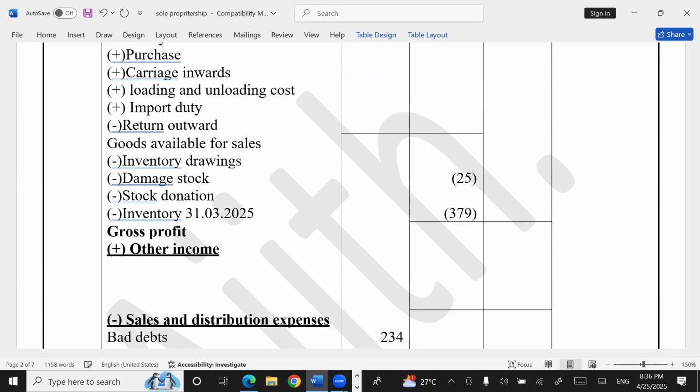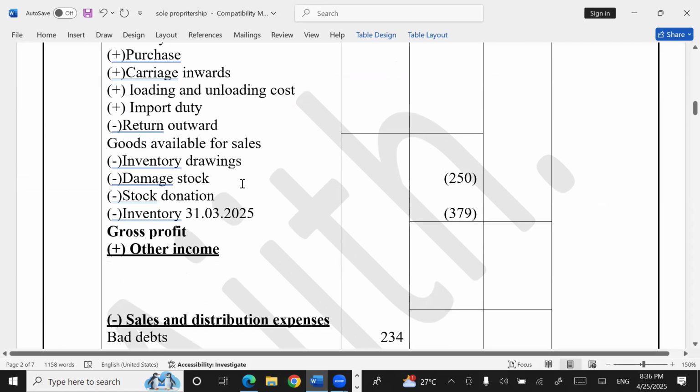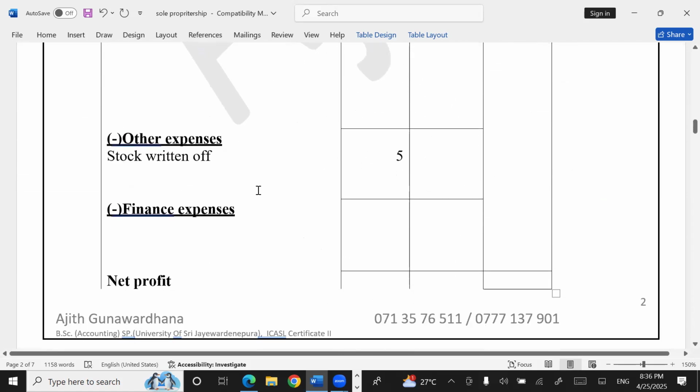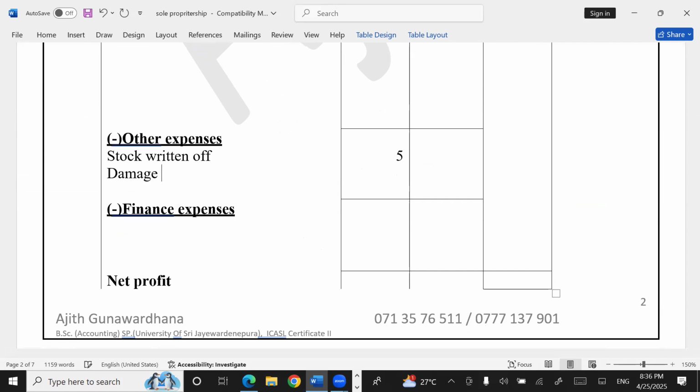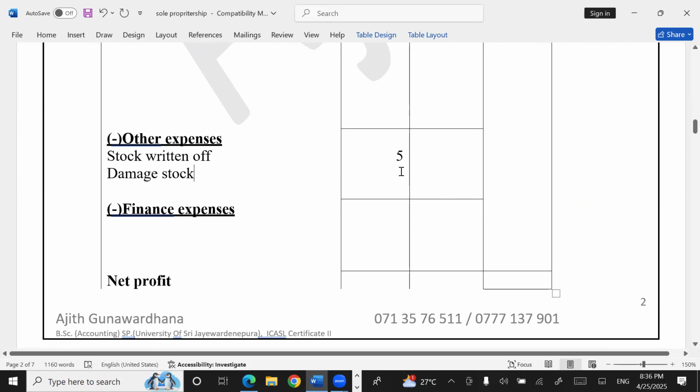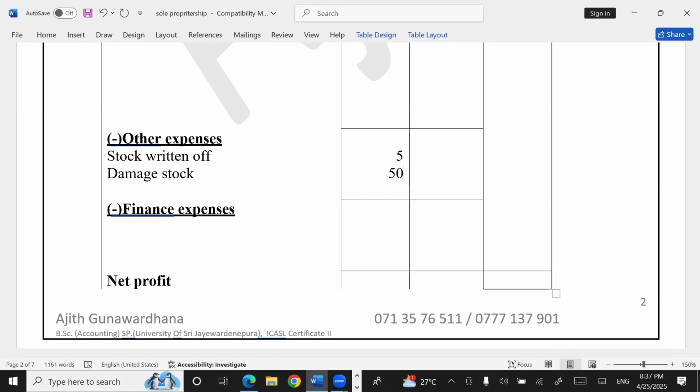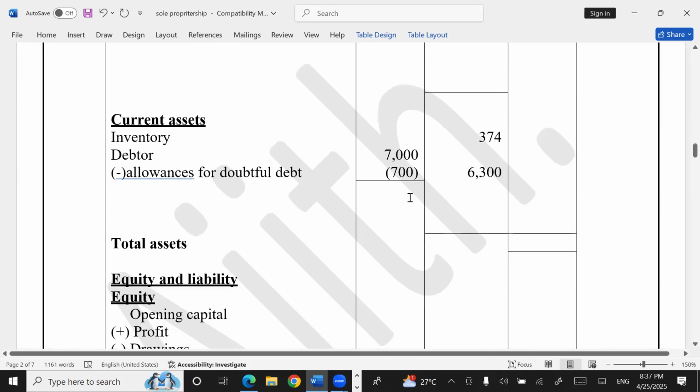Based on matching concept, cost value 250, and other expense as damaged stock expense should be considered only 50, recorded in the first column, as well as insurance receivable under current assets.